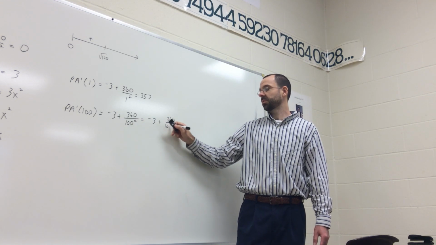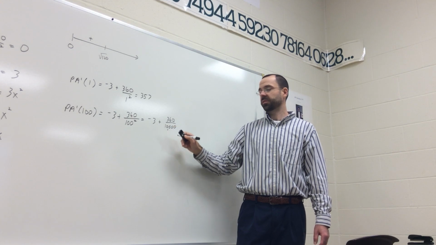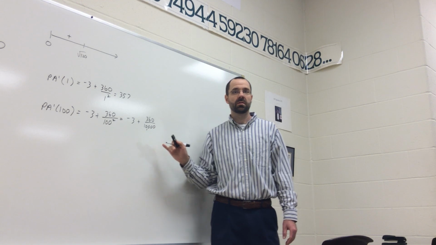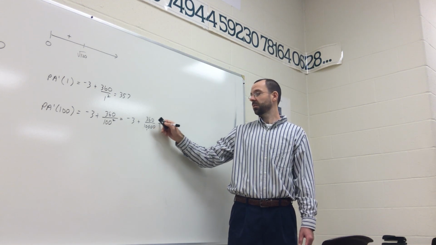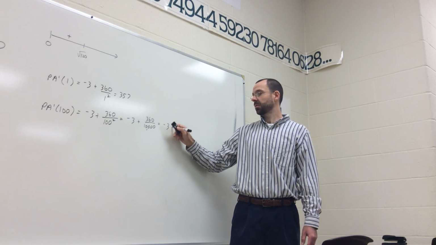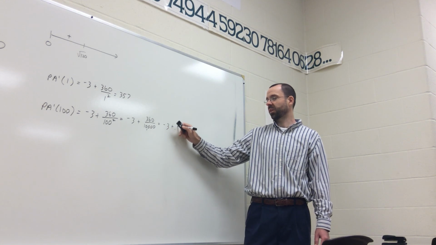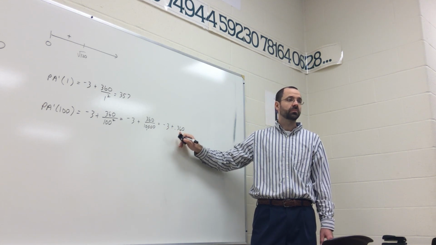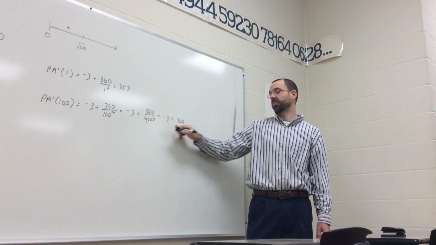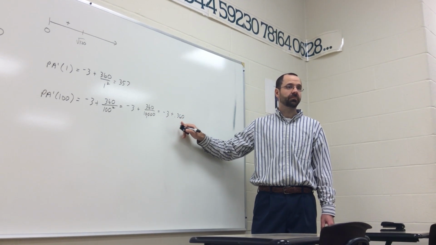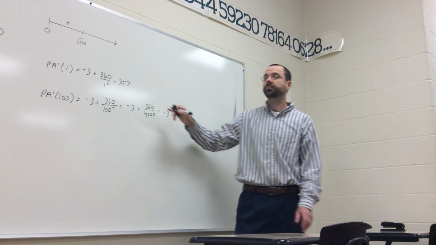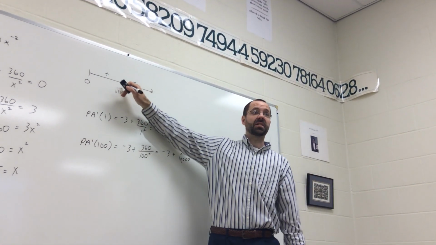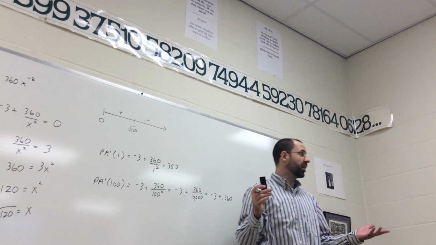Squared is 10,000. That's why I picked 100, because I squared in my head. 360 10,000ths is 0.036. So at any rate, it's going to be negative, right? Which is good news, because that makes this a max, which we were hoping it would be.